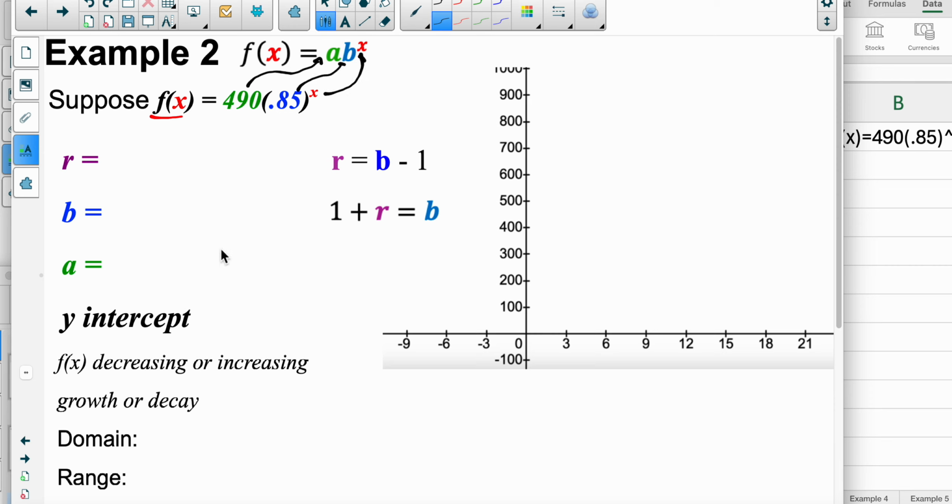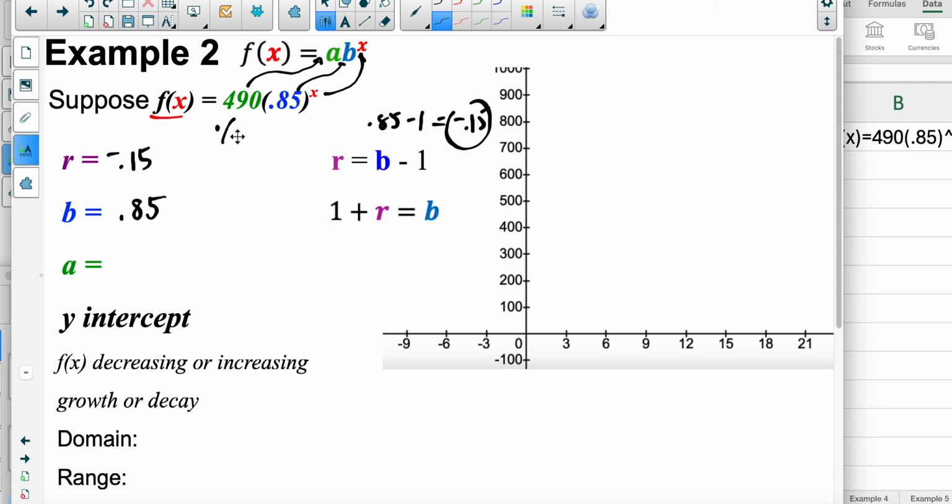All right, so let's fill in what we have here. So b, I can see, is 0.85. Okay, and r would be b minus 1. So if I have 0.85 minus 1, I get r equals negative 0.15.